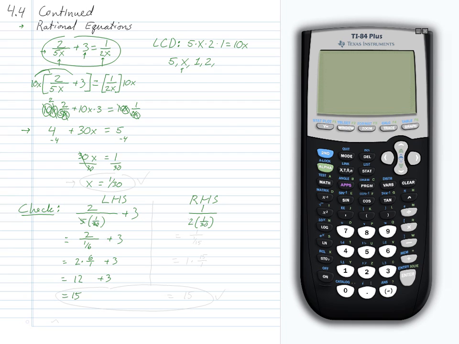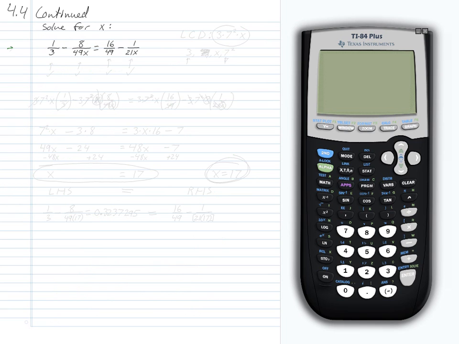And on the right-hand side, we see this is equal to 1 over, we cancel the 2 and the 30, 1/15, which is equal to 1 times 15 over 1, which is equal to 15. So we have a valid solution in x equals 1/30. Let's see one more of that type of problem.